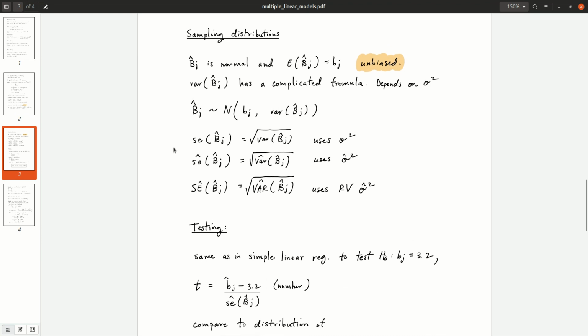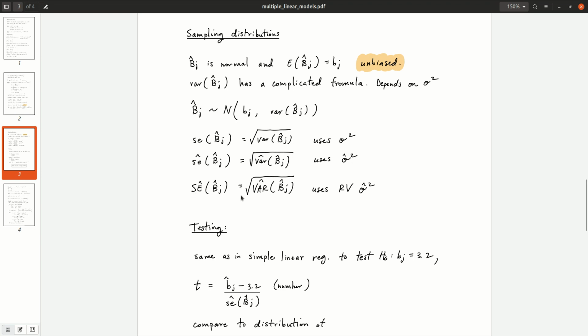Just to continue with this notation, the standard error is simply the square root of that variance. Like I said, this has a formula and it depends on sigma squared. So this is the standard error: I use the square root of the variance and the formula that involves sigma squared. If I put a hat on the SE, that means I'm using the same exact formula, but plugging in the estimate of sigma squared.